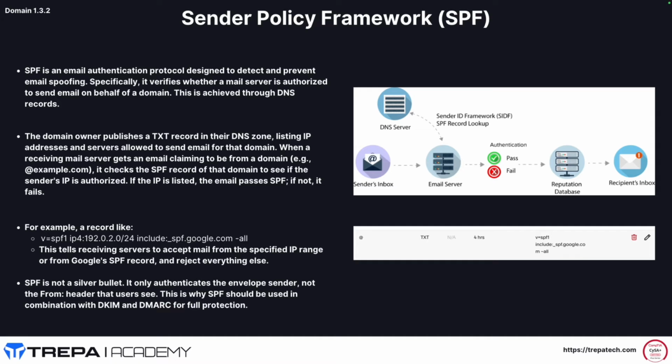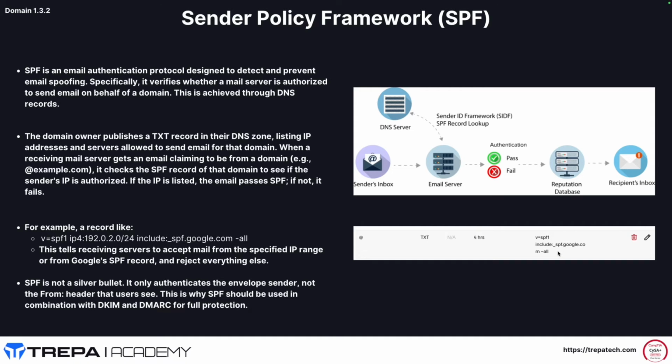So SPF uses a DNS text record that lists IP addresses or host names allowed to send mail from your domain. The general way this works is when an email is received, the recipient's mail server performs an SPF check by extracting the domain name from the envelope mail from address. It's not really visible to you. It's called the mail from address. Then it looks up the SPF record in DNS, and again, I have this SPF record in DNS, so that's being propagated through our global DNS.